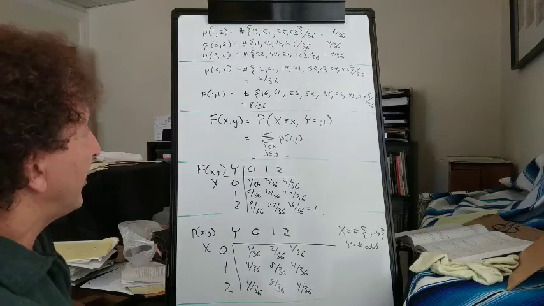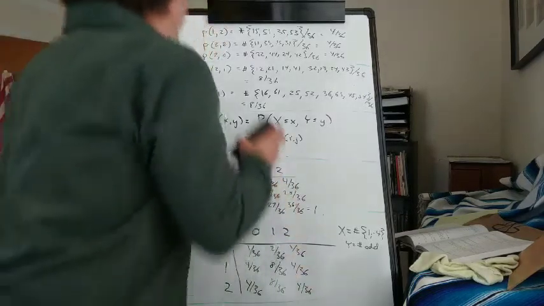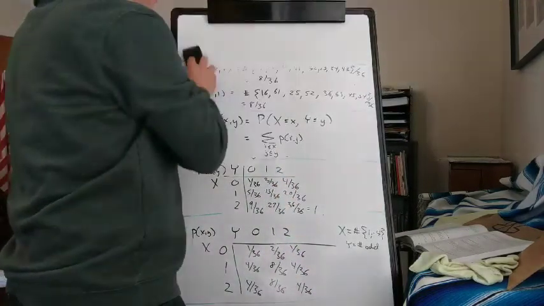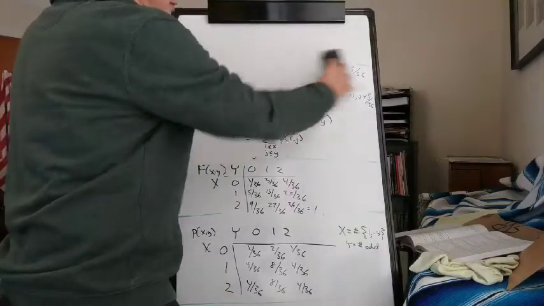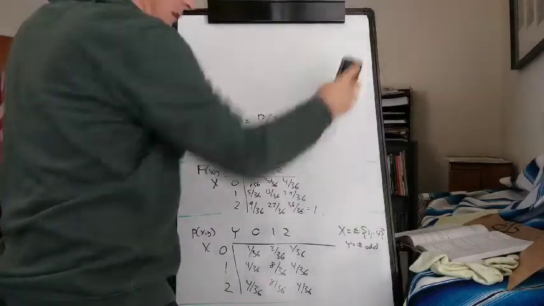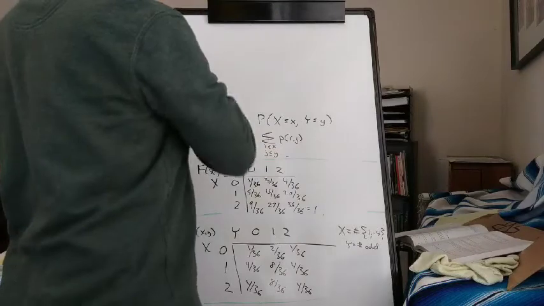Now there's a very simple relation between the cumulative distribution function and the probability mass function for a single random variable that's a little bit more complicated for 2 random variables.